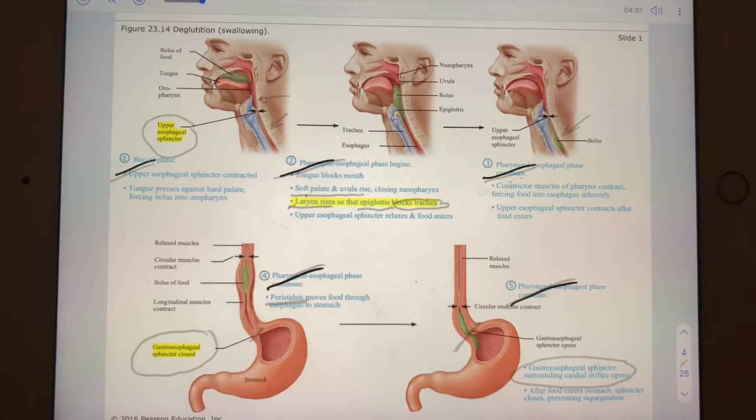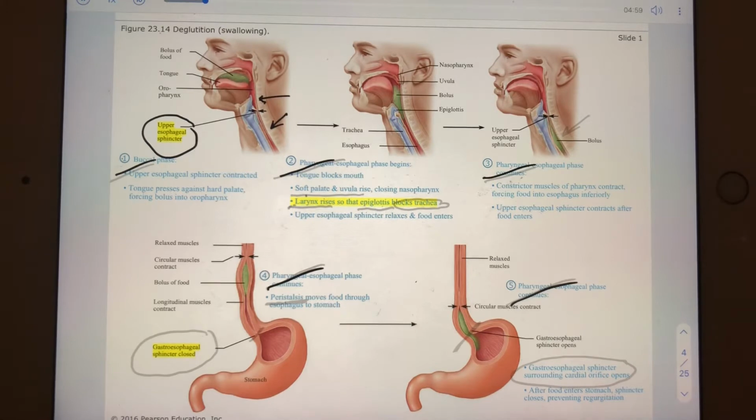But you should know that the sphincter that I mentioned previously between pharynx and esophagus is called the upper esophageal sphincter. And before we swallow a bolus, so while we're chewing and forming that bolus, the upper esophageal sphincter is closed.